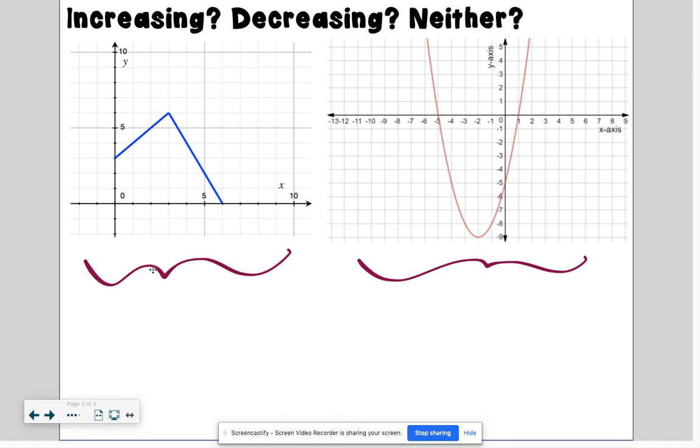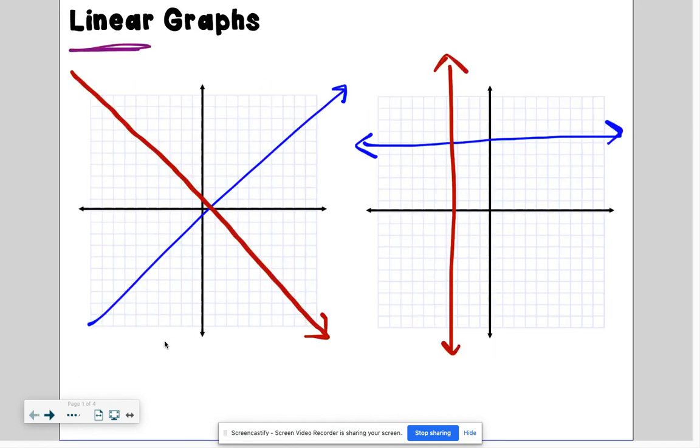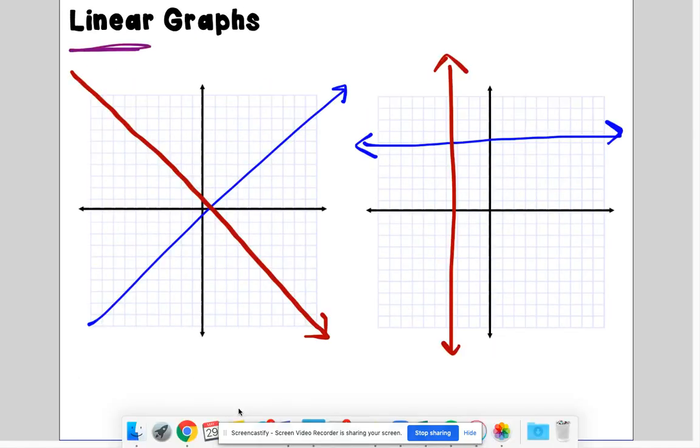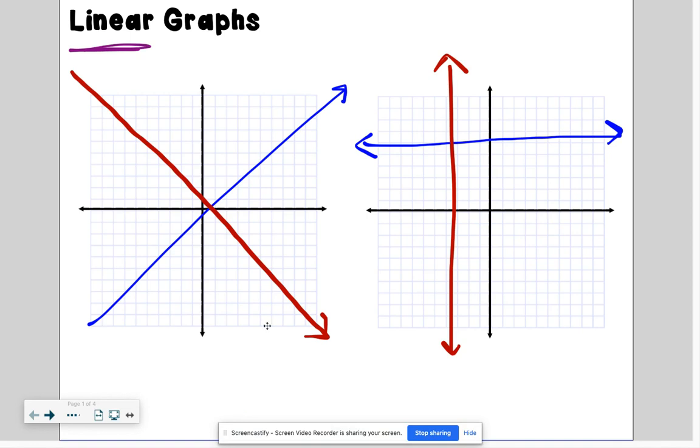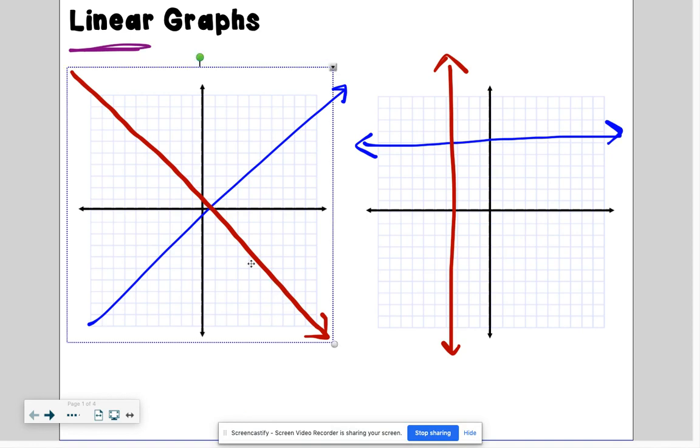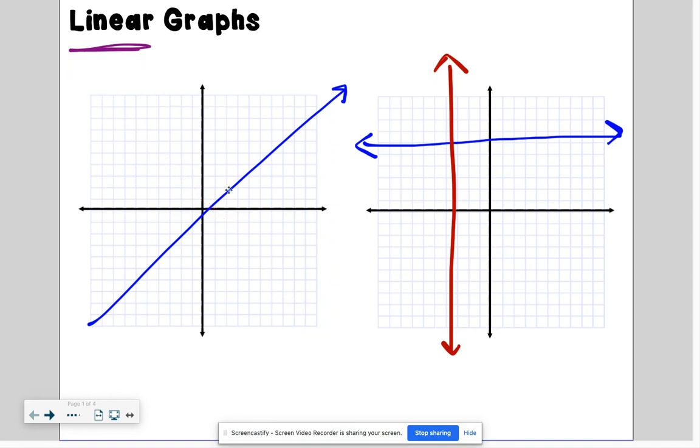If we go back for a second to our linear graphs, and look at just this blue line, this blue line is obviously increasing. We know that from left to right, this line is going upwards, which means the graph is increasing.